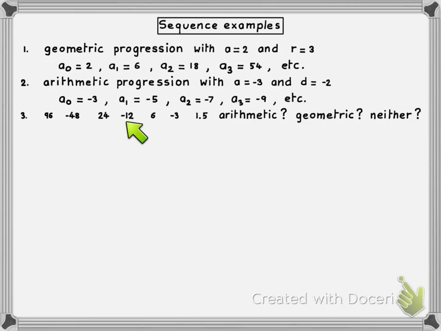We change the sign, we get minus 12. We already checked this one. We already checked this one. Now 3 divided by 2 is 1.5. And changing the sign is okay. So it looks like, at least based on these first 7 terms, this is a geometric progression where the first term is 96, that's the a part, and the common ratio is minus 1/2.